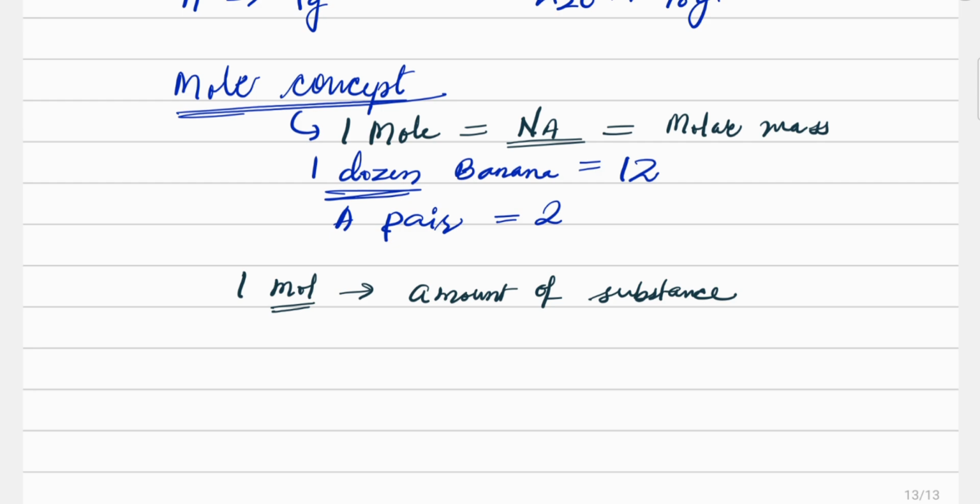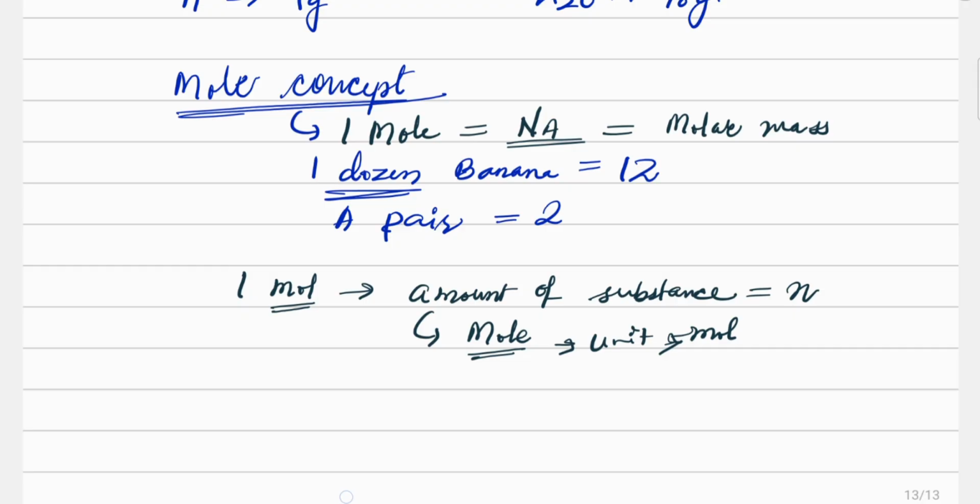Okay, we have done it already. The amount of substance has a symbol n, and that is measured in moles. It is represented by mole, but its unit is mol.